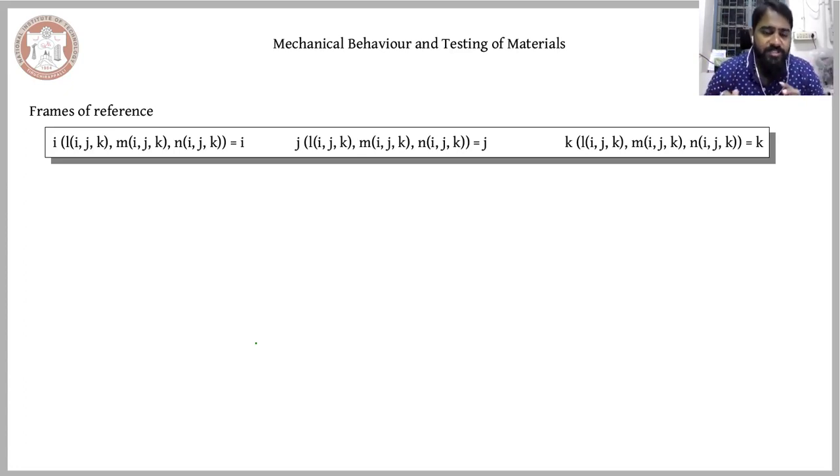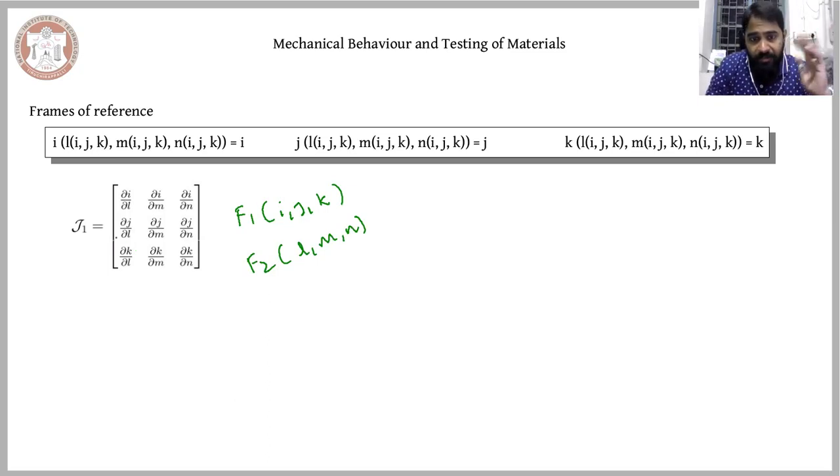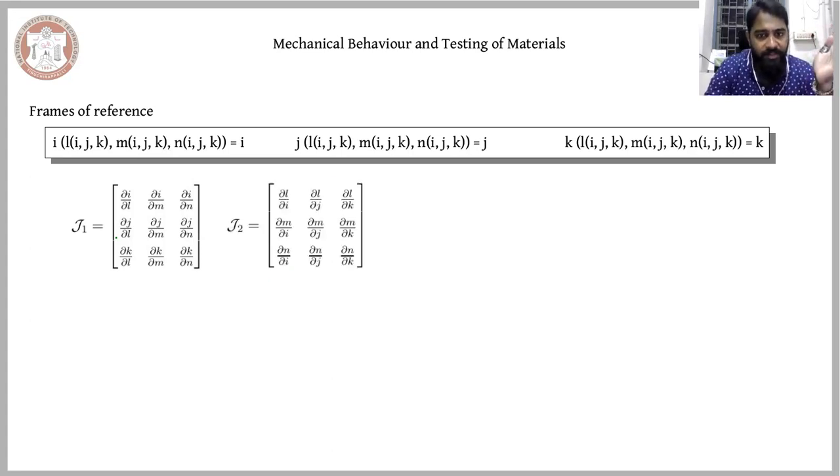Now, since it is not known, we will take up the other approach of finding the Jacobian J1, wherein we are considering how the frame of reference 1, which is I, j and k, changes with respect to the frame of reference 2, which is L, M and N. So the Jacobian 1 talks about how the I, j and k frame of reference changes with respect to L, M and N. Now we are considering another Jacobian wherein we express how the frame of reference L, M and N is changing with reference to I, j and k.